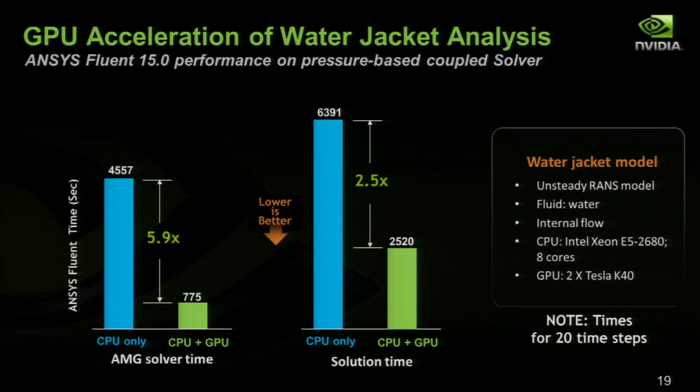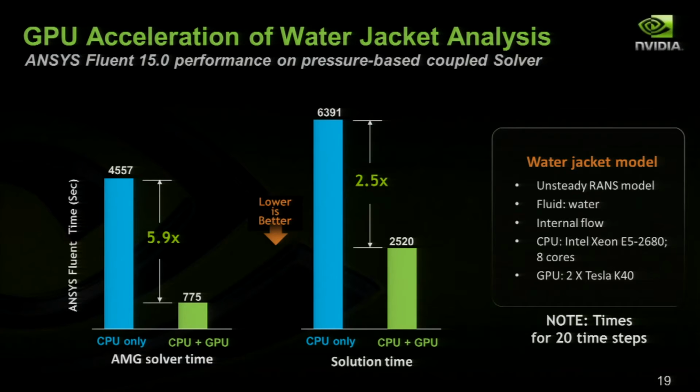That is a 5.9x speedup in AMG. But since AMG is only 50 to 60% of the total simulation time, when it comes to the total solution time, this 5.9x is now delivering about 2.5x, because I believe this simulation has 55% of the time in the linear solver.